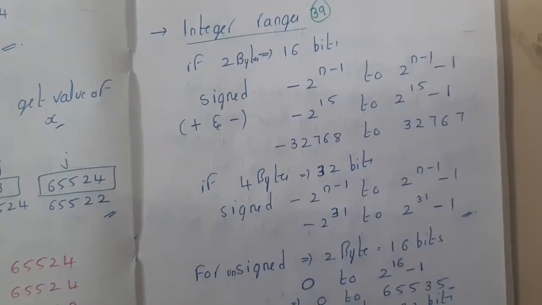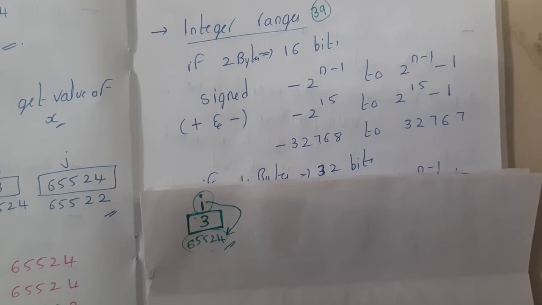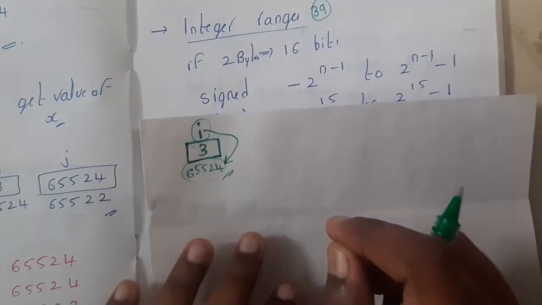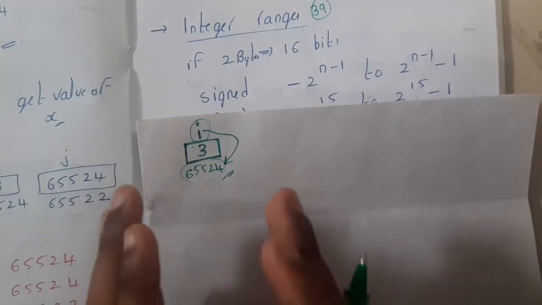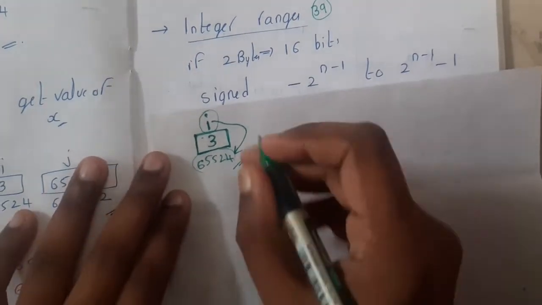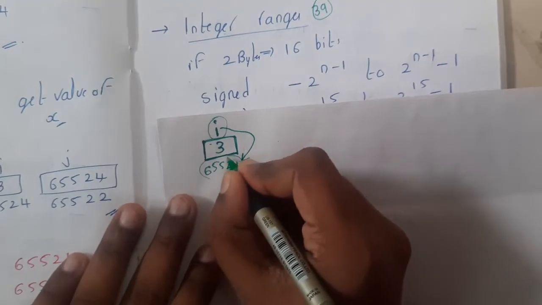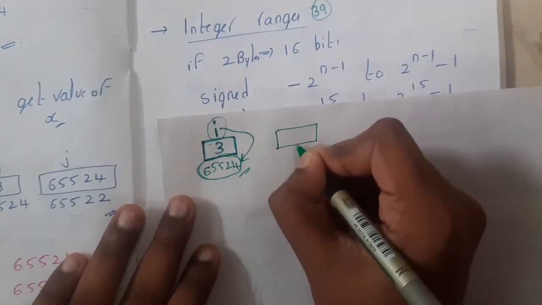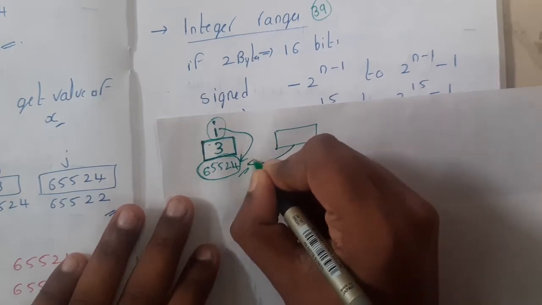Now you will be saying, did you discuss about pointer? You just gave some introduction, right? Yes, I did give you some introduction, but what exactly is pointer? Assume that you want to store this address into something. That thing is nothing but a pointer, guys.